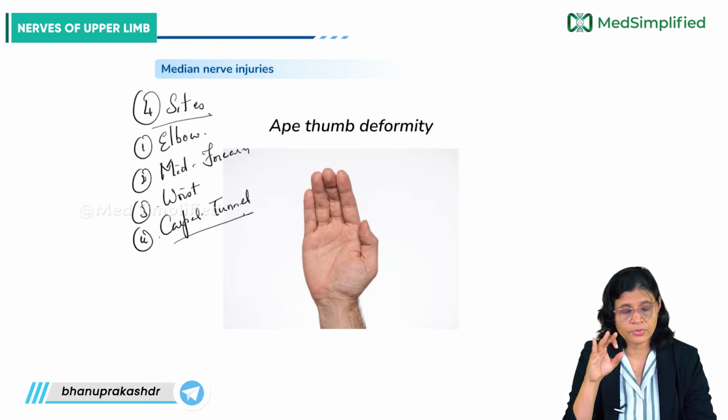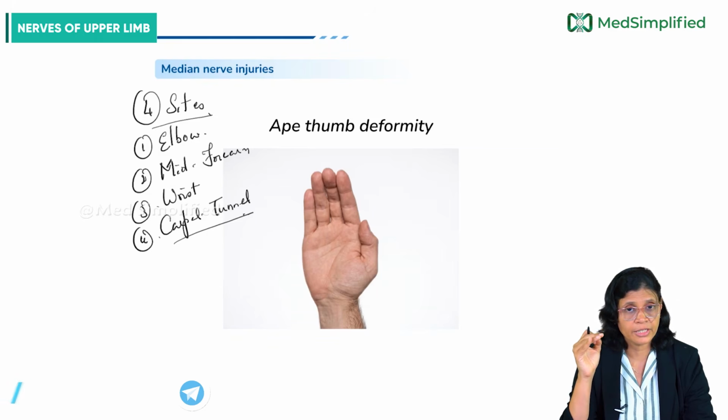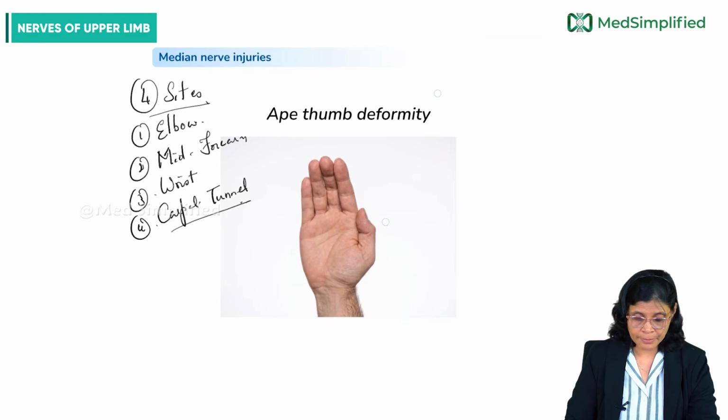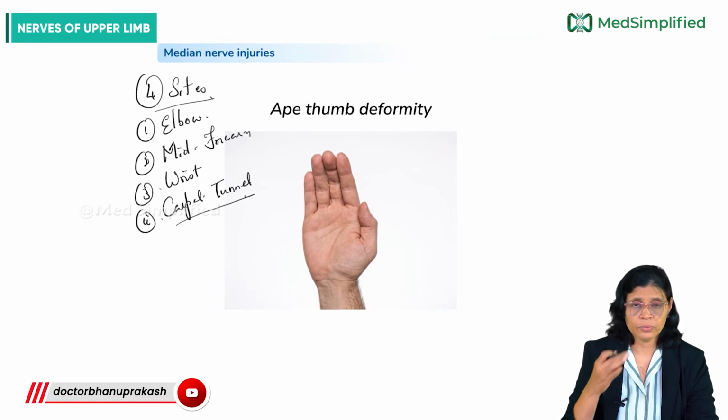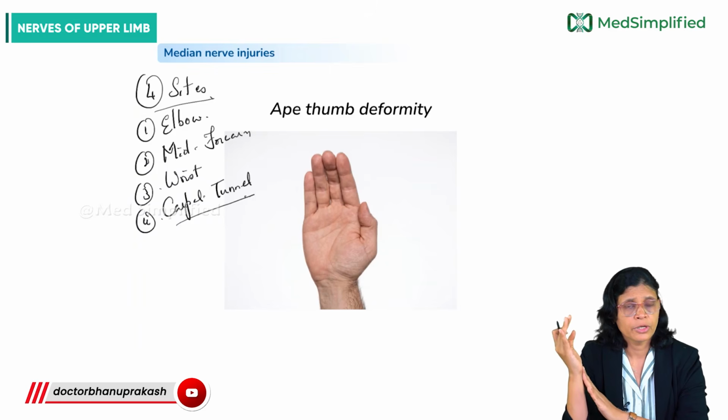Because of these three, supracondylar fracture, a tight tourniquet during venipuncture, and compression of the nerve when it passes between the two heads of pronator teres, the median nerve is likely to be injured. So what will happen? Now, the median nerve, as we saw, is mainly motor in the forearm.